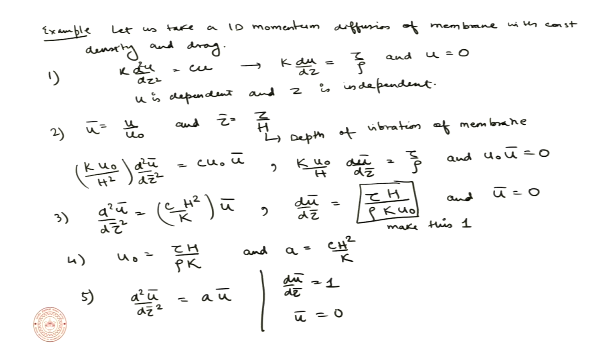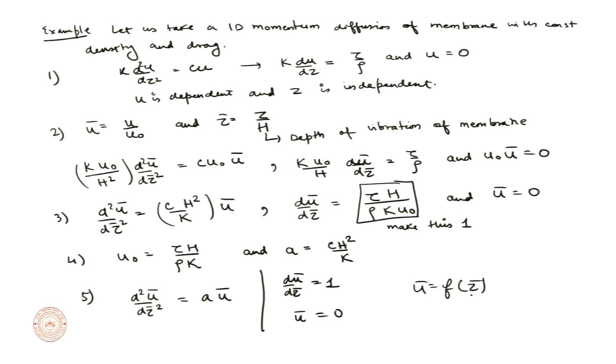Okay. Now, we have a much simpler equation to solve. We can very easily solve this second order ODE, and with these boundary conditions, we can quickly establish u bar as a function of z bar.